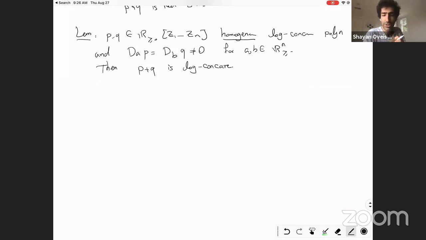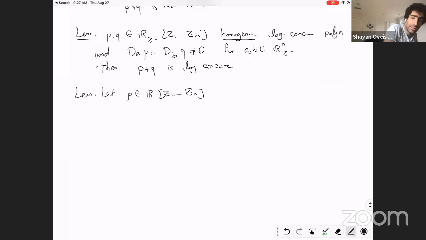Once you have this lemma, let me now explain the rest of the argument. Again, remember our goal is to show that the basis generating polynomial of any matroid is log concave. So now we have the next lemma, which says: let P be homogeneous, dehomogeneous, and indecomposable.